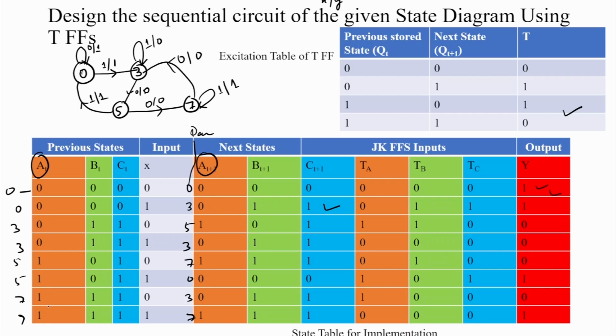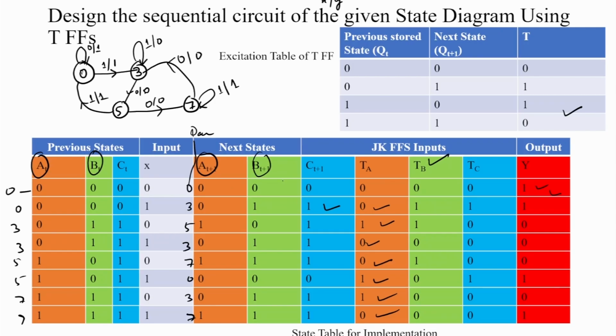Here we see 0 0, that means TA is 0; 0 1, TA is 1; 1 0, TA is 1; and 1 1, TA is 0. In the same way we determine the value for TB based on BT and BT plus 1.